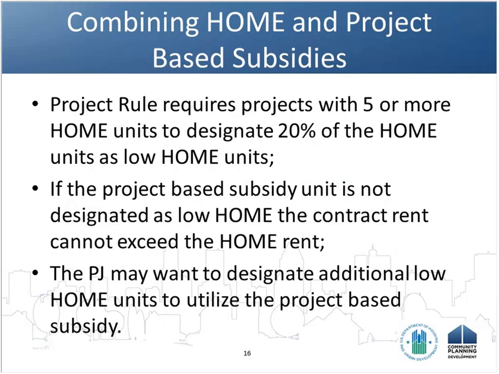If you as the PJ have a project that is going to receive project-based subsidies for more than your designated minimum low HOME units, you may want to designate additional units as low HOME to allow that project to take advantage of this and charge that higher contract-based rent. But just keep in mind, it's only in combination with a low HOME unit, so when you make that unit designation, you may need to designate some additional units to take advantage of that flexibility.